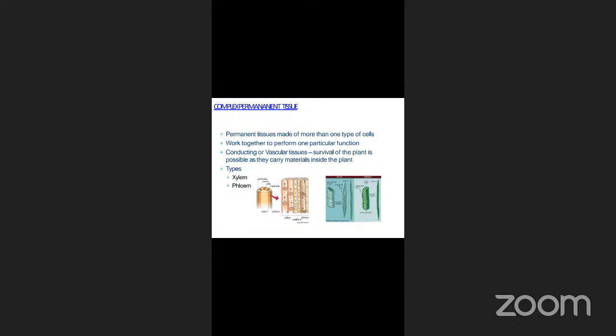Trach means tube-like structure, that is xylem and phloem. Both are very developed cell systems in the plant body. Xylem is made up of thick, lignified, hard cell walls.